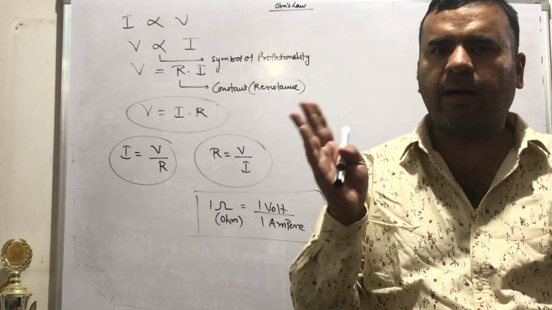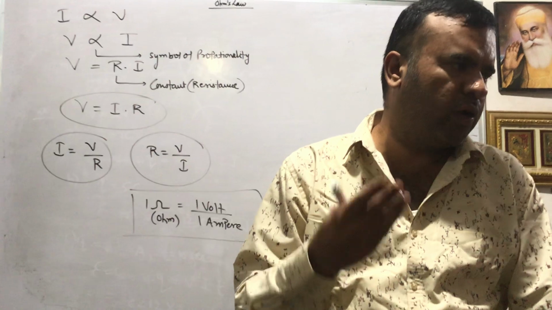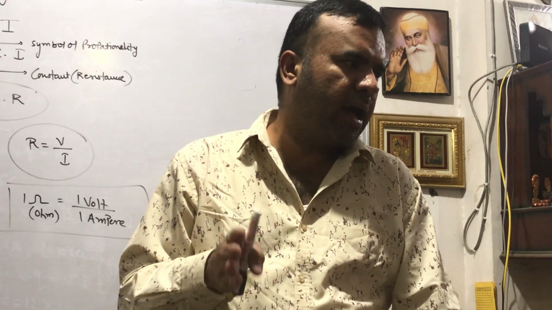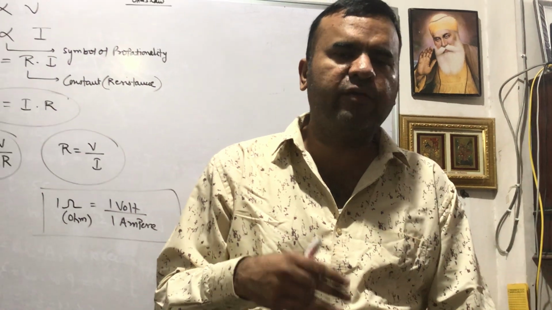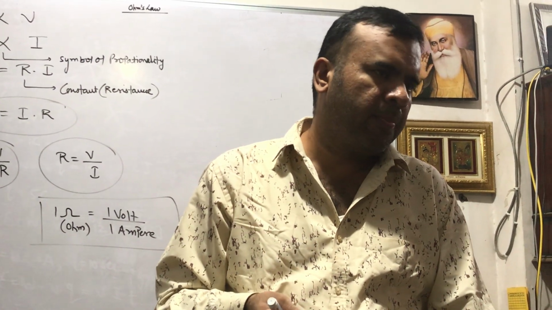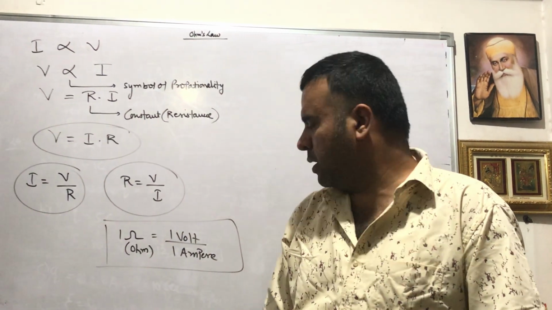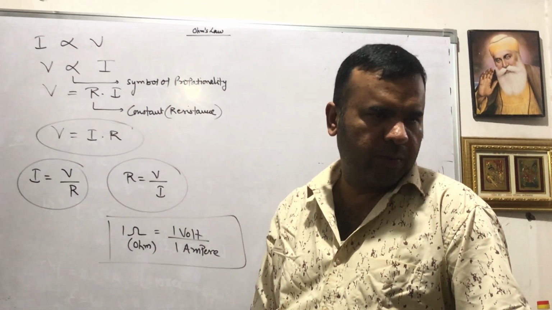Resistance across a circuit is said to be 1 ohm if 1 volt is applied across a conductor having a current of 1 ampere. And the easiest definition is that the ratio of 1 volt and 1 ampere is called 1 ohm, right?